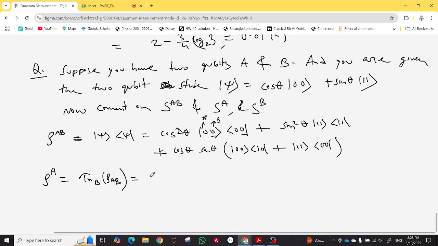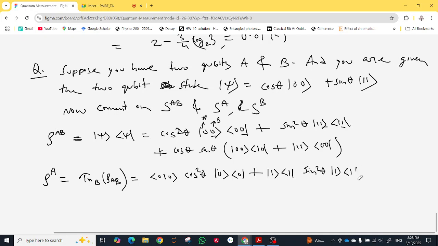So the first term you will get is 0 0 cos square theta 0 0, right? From the second term, first you are taking the trace over B, right? So this and this will be an inner product. So 1 1, and the other will be the same, sin square theta.